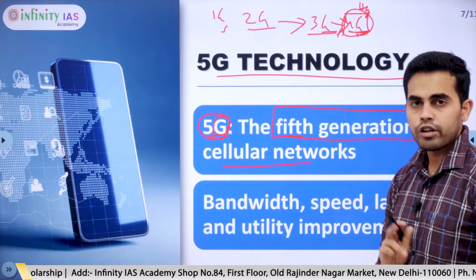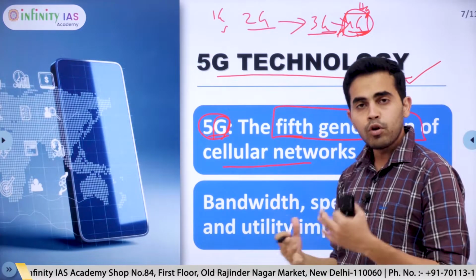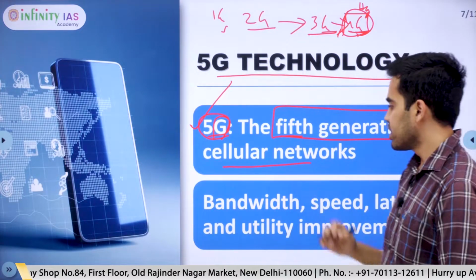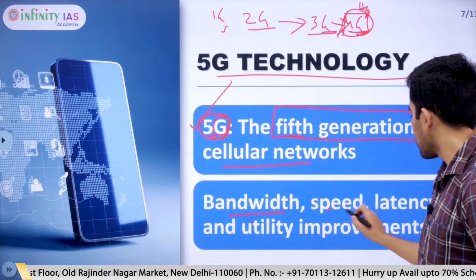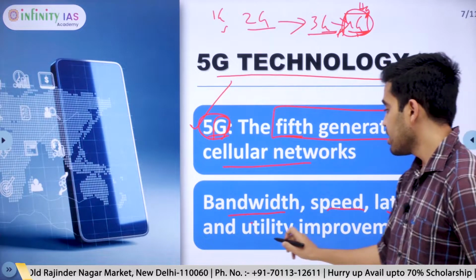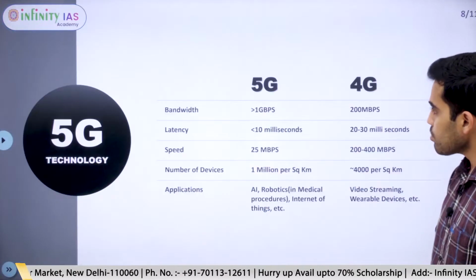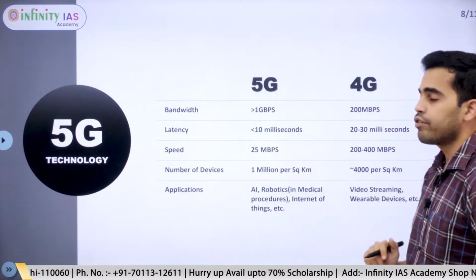So for exam point of view, we need to know what are the improvements that 5G technology brings along with it. We see there are improvements in bandwidth, speed, latency, and the utility or applications of this technology.